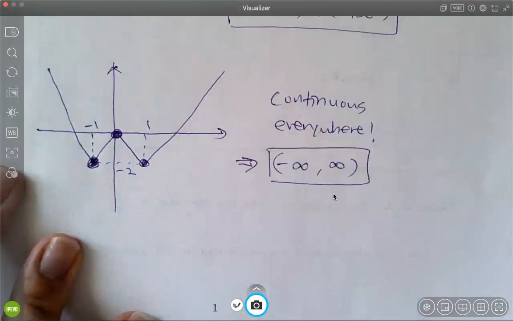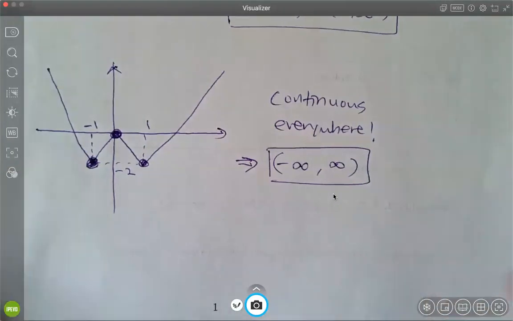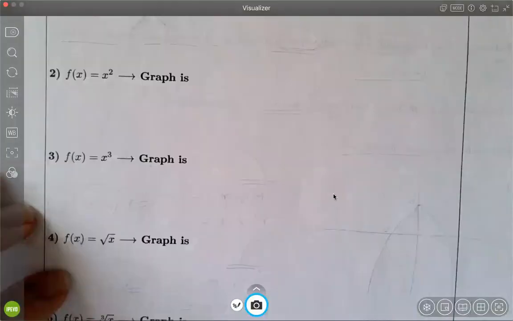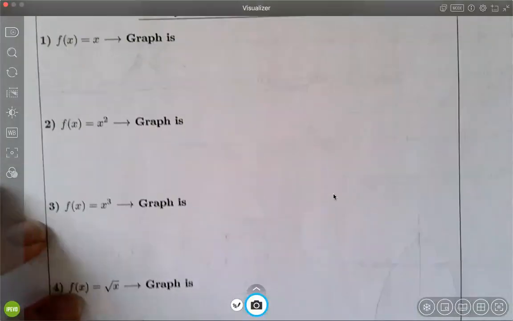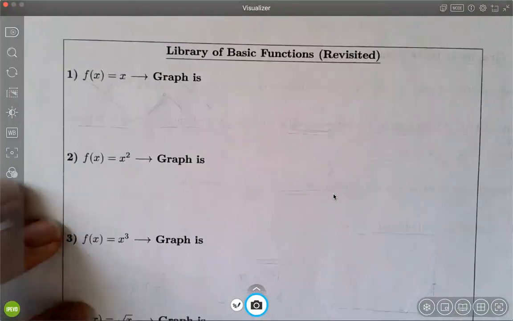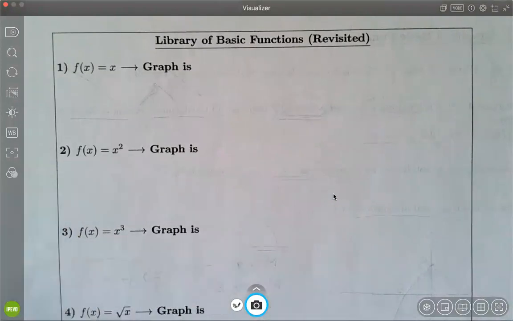So any questions over these continuity problems? Okay, so tomorrow we will look at this library of basic graphs, most of which we have seen before. And then we will look at the main core of the section, which is called piecewise function. And then we will go to 3.1.